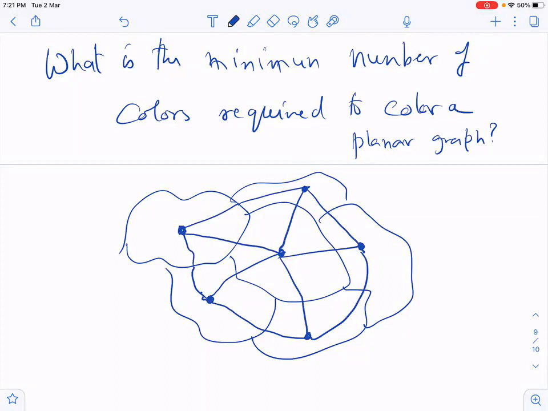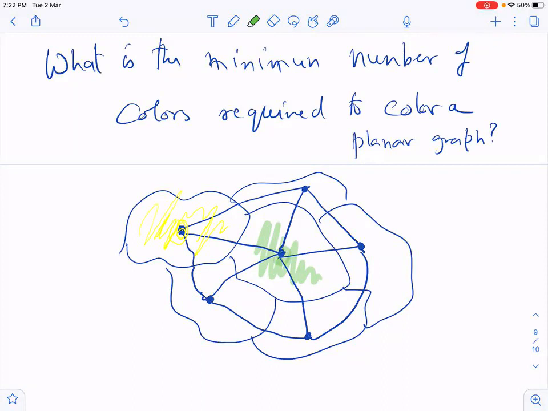So a map can be represented as a planar graph, or I can get a planar graph from a map. And the reason I talked about it is because of the coloring, right? If I have to color this place yellow, then I will say this vertex will be colored yellow. If I have to color this one green, I say this vertex is green, right?